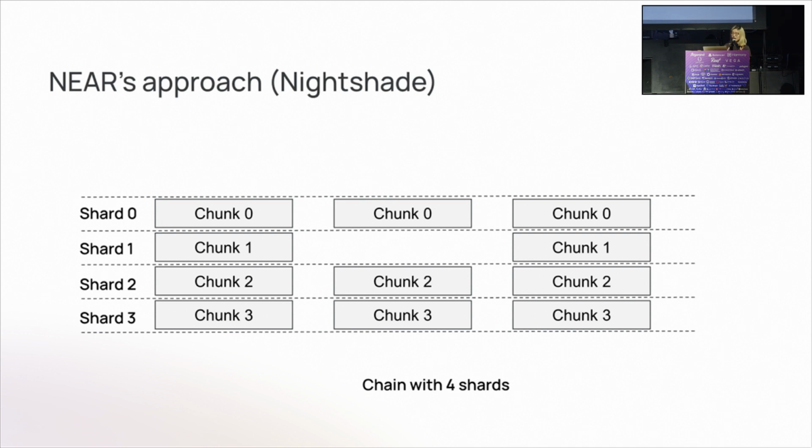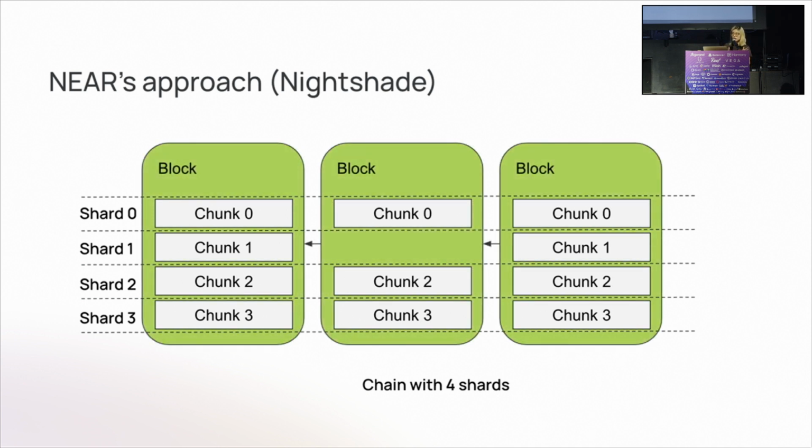So in a way, chunks for each shard are similar to blocks in a non-sharded blockchain. Blocks and chunks are produced separately, but blocks contain chunks by storing chunk headers as part of the block content. Note here, not the full chunk, just the chunk header. So our block is scalable to the number of shards in the system, right? And every block can contain one chunk from each shard.